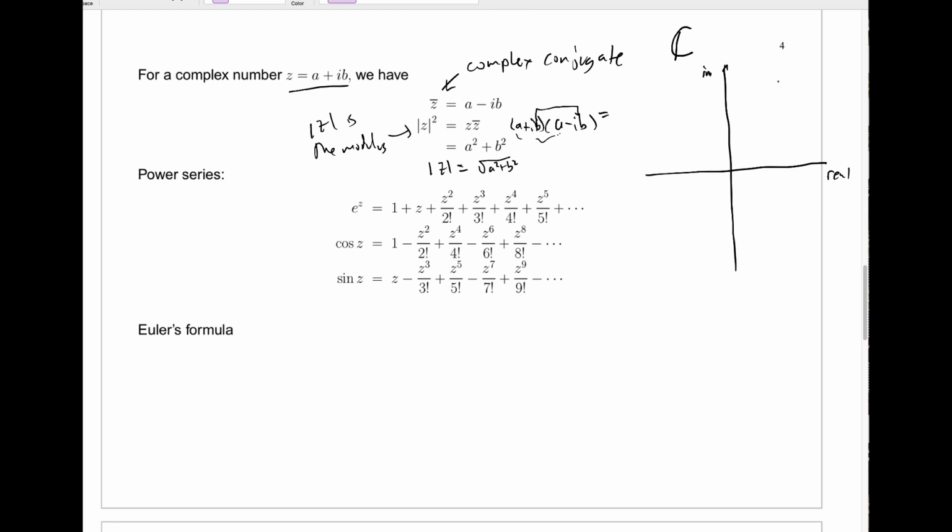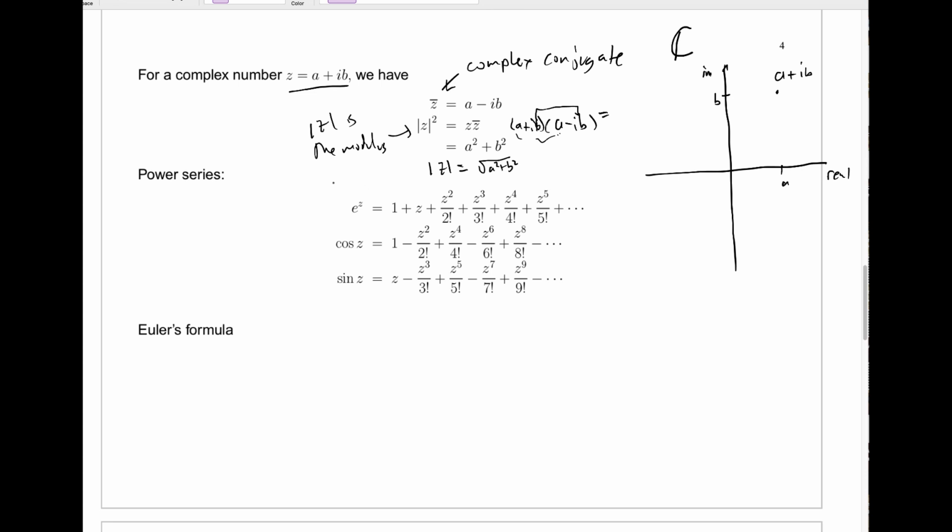And a number a plus ib is located at the point whose coordinates would be a, b in the plane. So this point where you go out a distance a along the real axis and up a distance b along the imaginary axis is the point a plus ib. And you'll see that the distance of that point to the origin is exactly what we call the modulus of z.